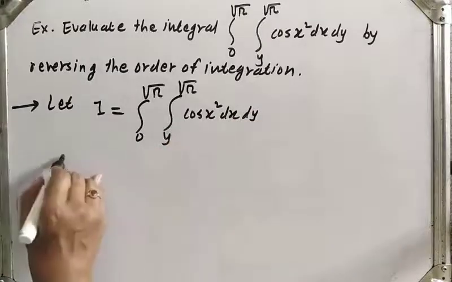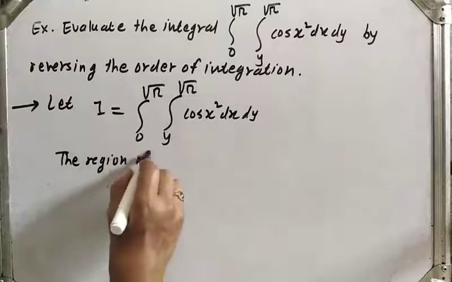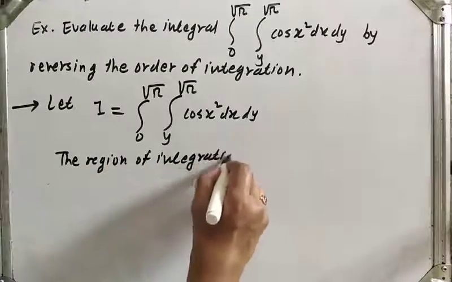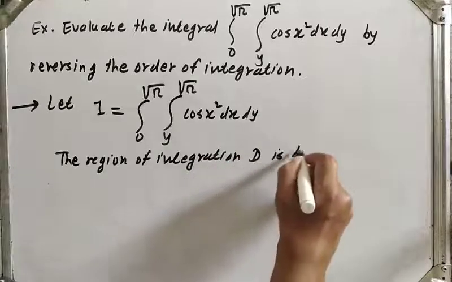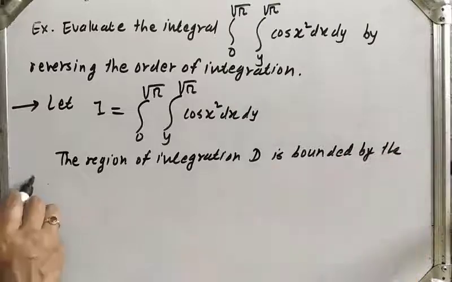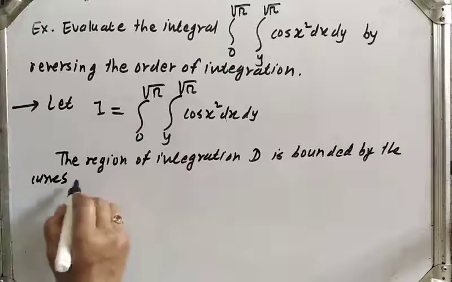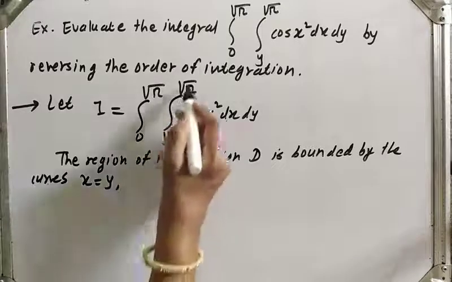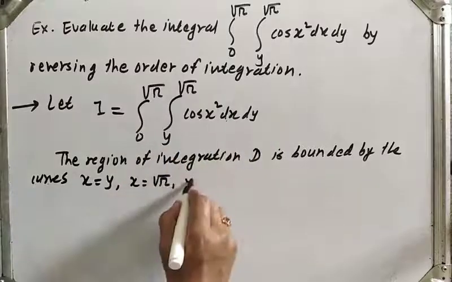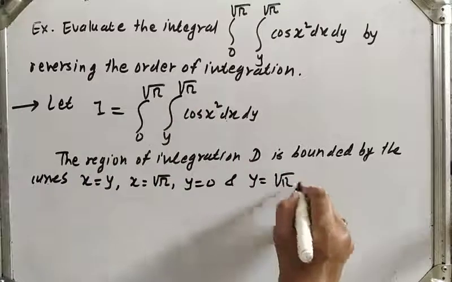What is region D? The region of integration D is bounded by the curves x is equal to y, x is equal to root pi, y is equal to 0, and y is equal to root pi.